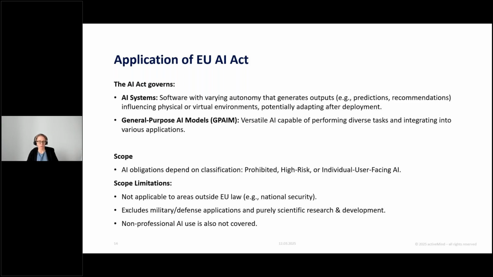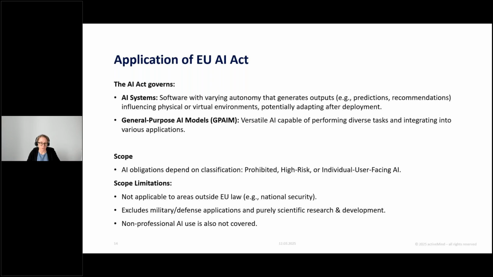There are also some scope limitations to the application. It's not applicable to areas outside EU law. For example, national security is not regulated in the EU. The AI Act excludes also military and defense applications or purely scientific and research and development. And then non-professional AI use is also not covered.